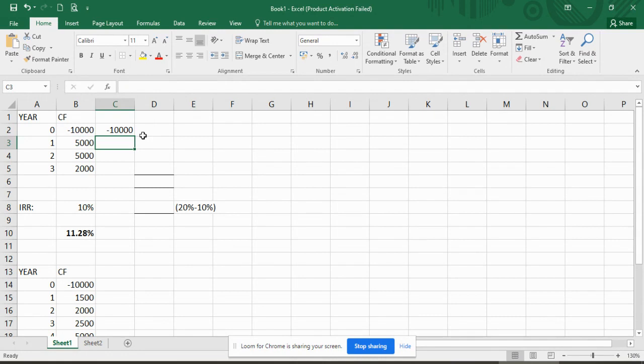So negative 10,000, this is 10,000 plus year two, and you have accumulated of this plus year two.